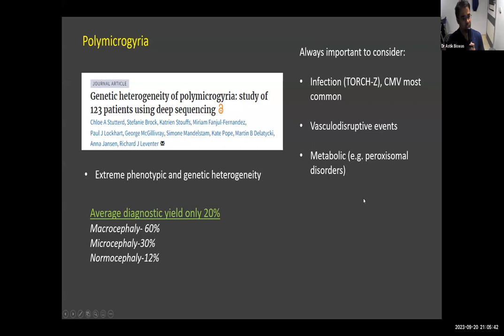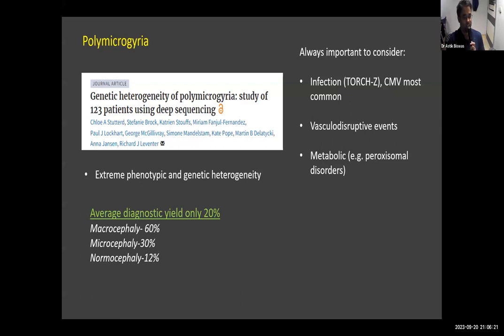Again, before thinking of genetic conditions for polymicrogyria, especially we need to think of congenital infections such as TORCH and Zika, CMV being the most common. Of course, they tend to cause microcephaly with these malformations, and the other important features of CMV include white matter changes. Typically, presentation also will be with sensorineural hearing loss. The other important group is vascular disruptive events, for example, an antenatal stroke that has taken place.